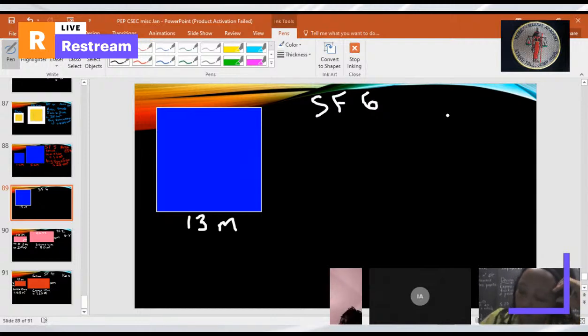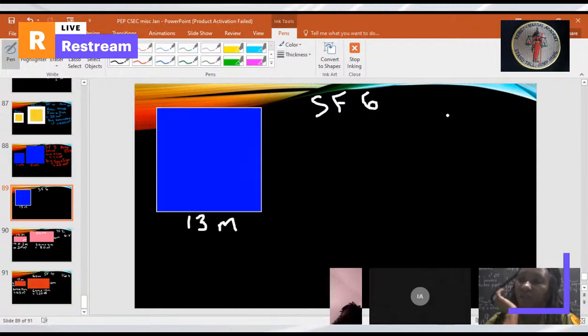So miss, if the scale factor is 6, would you do 13 times the scale factor, which is 78, and for the other side, miss, would you do 78 times 13 to find the length of the other side?